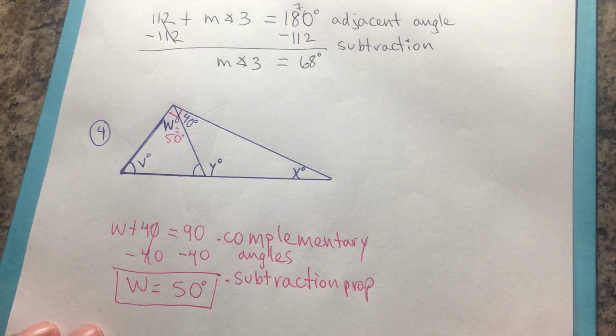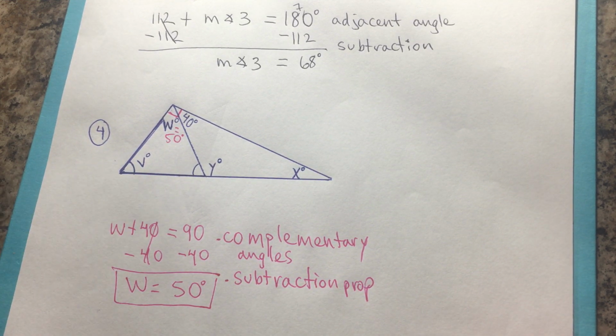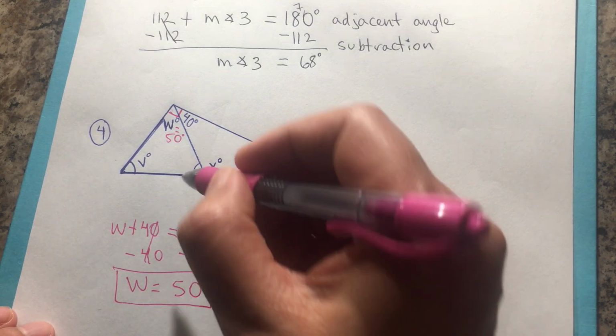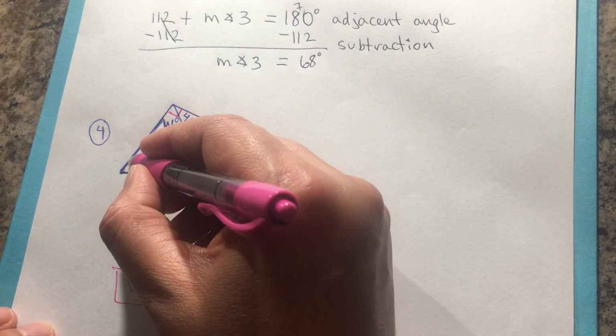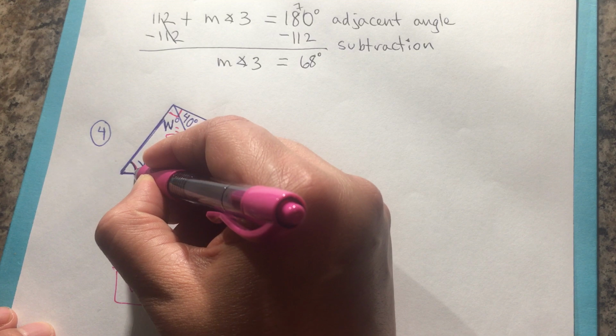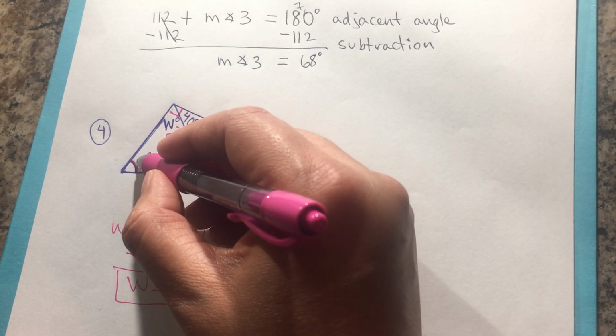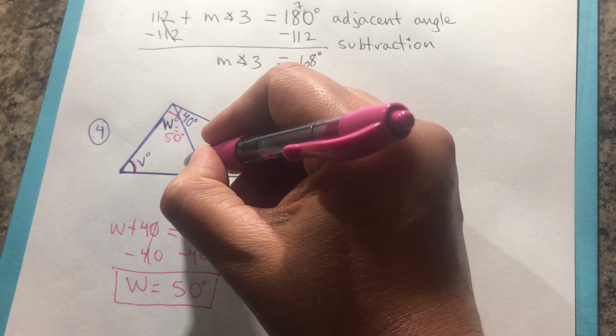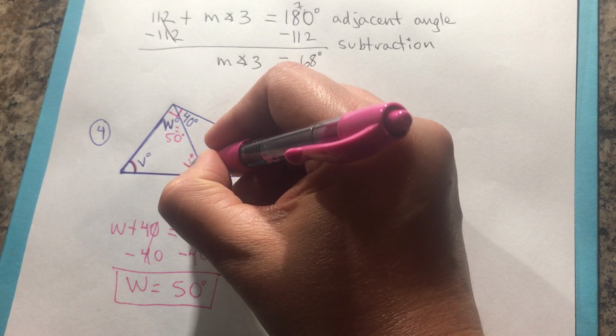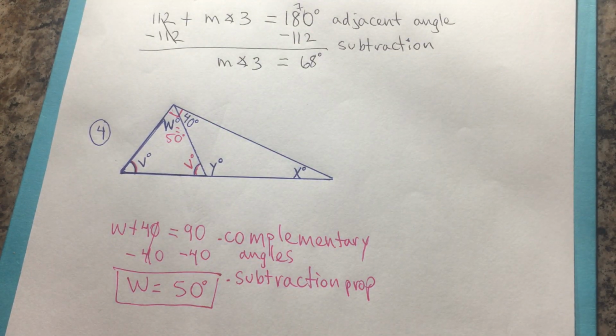Now let's find V. If you remember, we mentioned before that these markings mean that the two angles are congruent, that they are the same. And so if this is V, this is the measurement V as well.